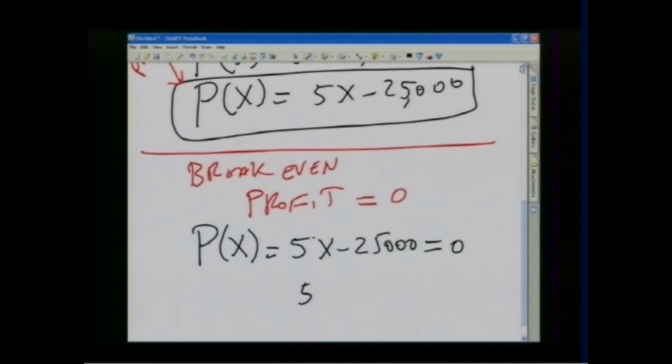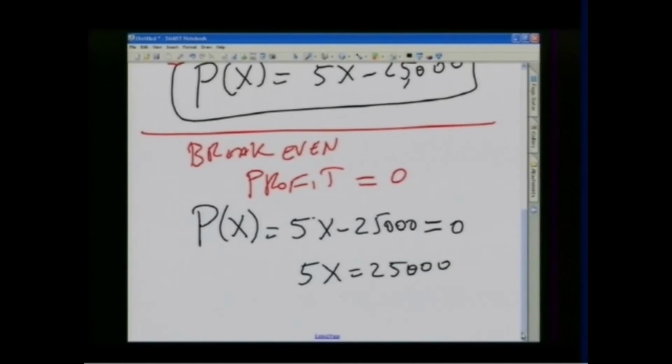Therefore, that means 5x is equal to 25,000, and x, therefore, is equal to 5,000 units. This is the break-even point. That means if the company produces 5,000 units, their profit would be equal to 0, or they would break even. This is A.